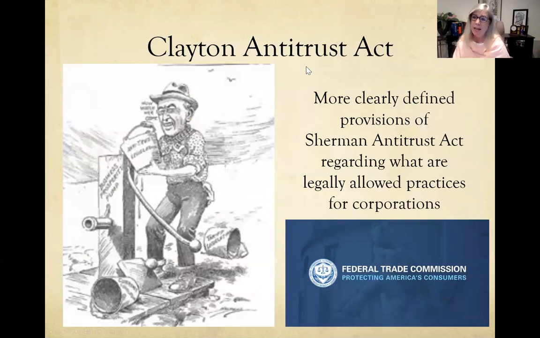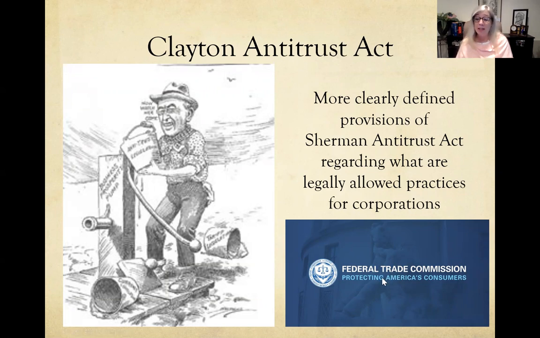So his trust busting, if we were to align the trust busting here of Wilson, it would be more in line with Roosevelt's, where you have the good trust and the bad trust, where Taft went after every trust. And so he's going to more clearly define the Sherman Antitrust Act. So it's going to still be in place, but he's going to define more clearly exactly what the companies are allowed and are not allowed to do.